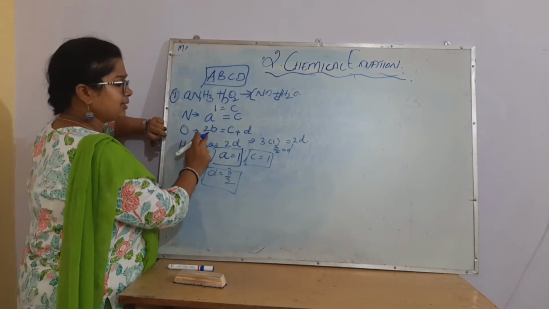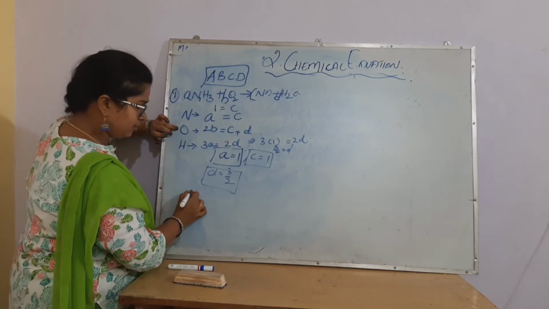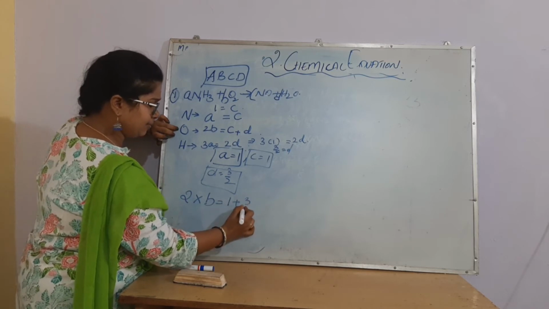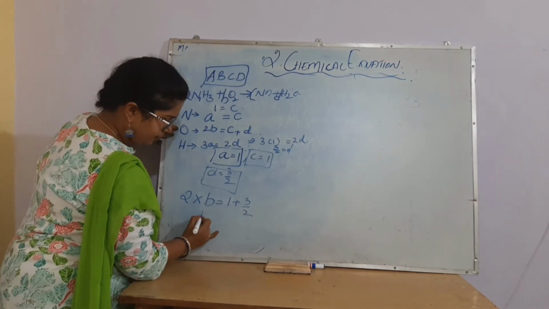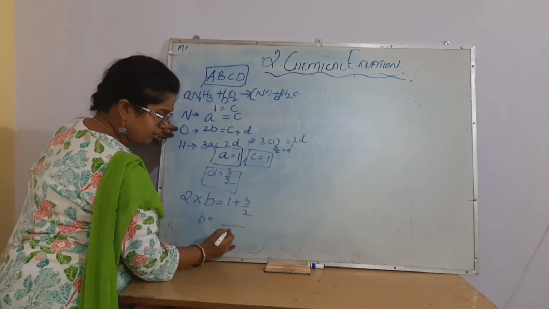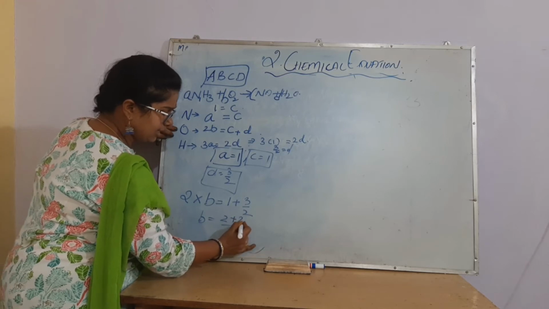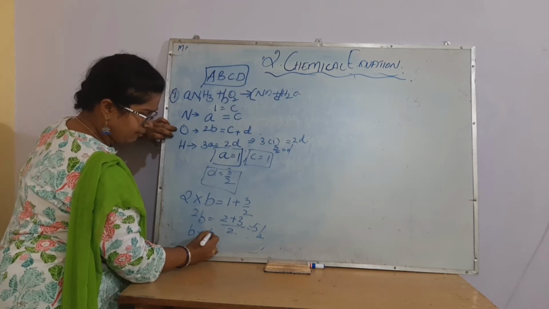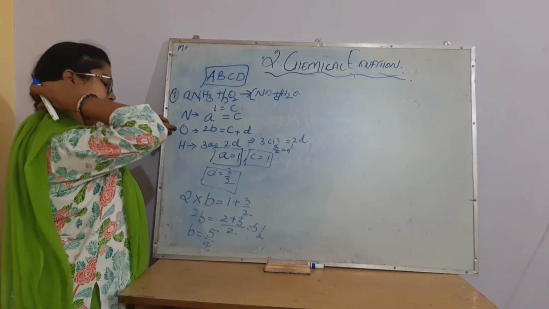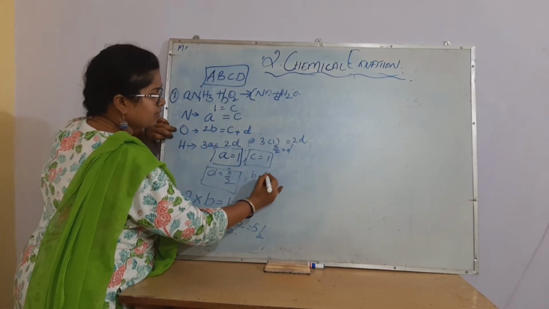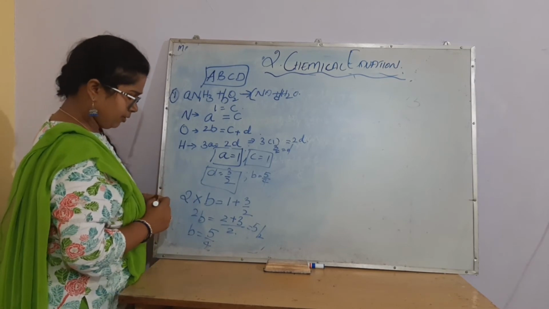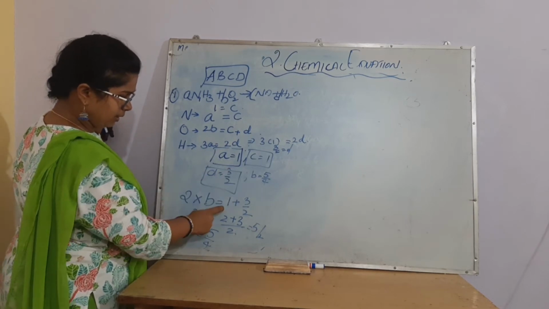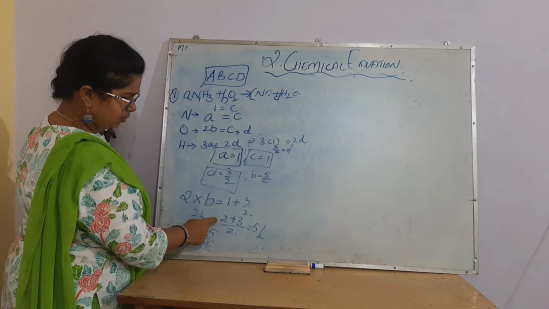B I should get. Here I will substitute. 2B is equal to C plus D: 2B is equal to 1 plus 3 by 2. 2 will be the LCM. 2 plus 3, 5 by 2.